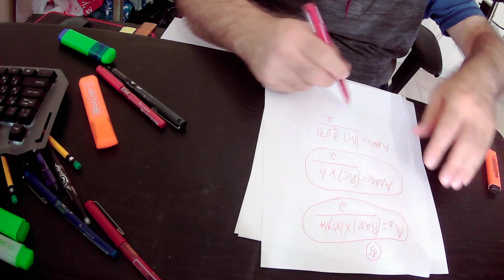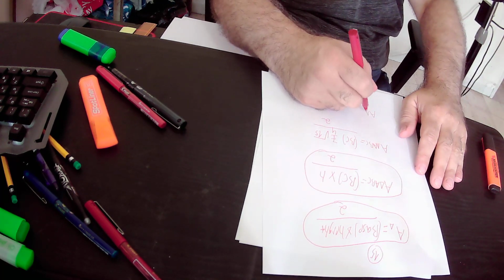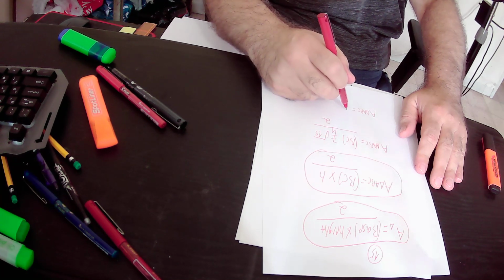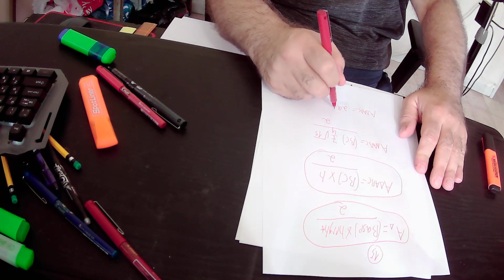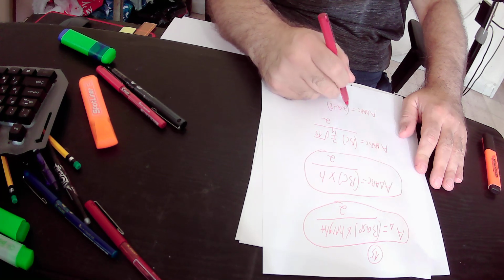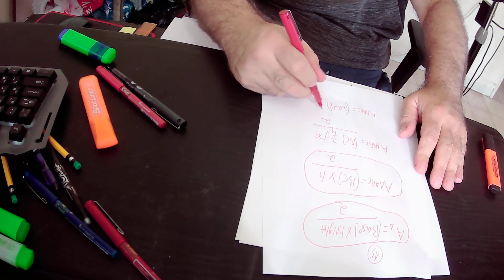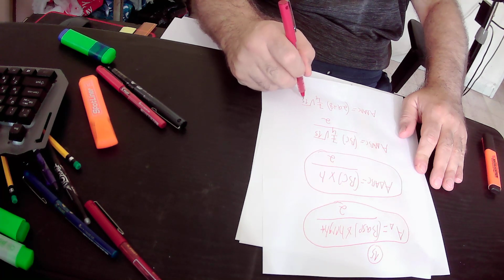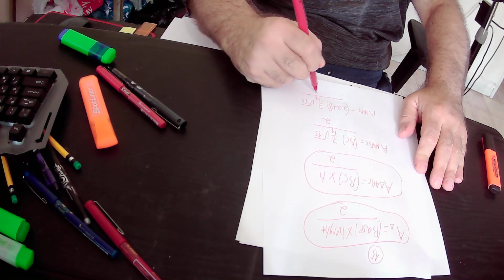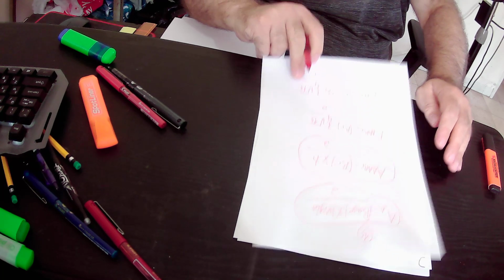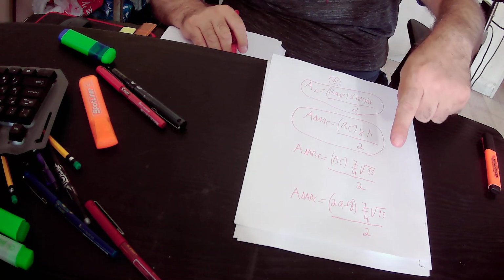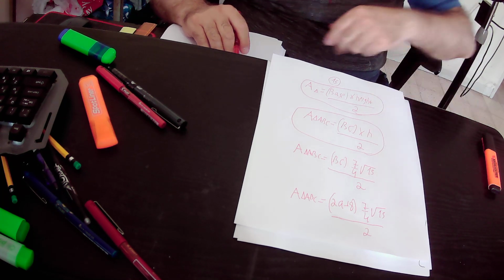Okay, so the area of triangle ABC equals BC, that equals 2a plus 8, times 7 over 4 times root 15 over 2. Okay, so the area of triangle ABC equals 2a plus 8 times 7 over 4 times root 15 over 2.